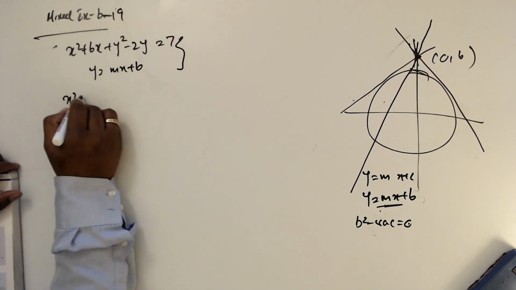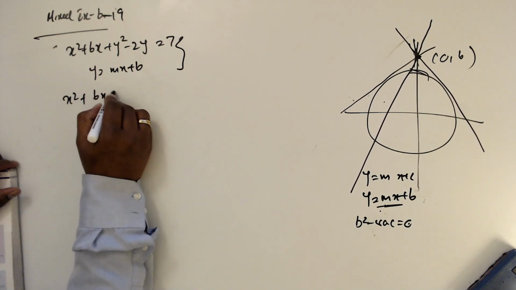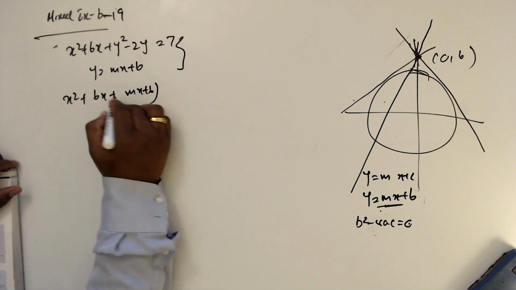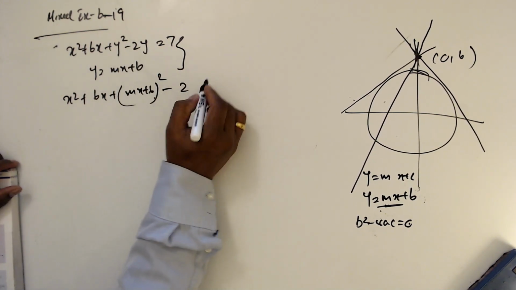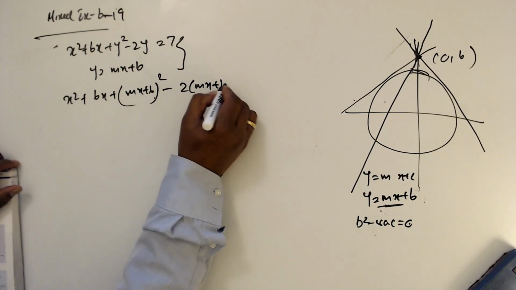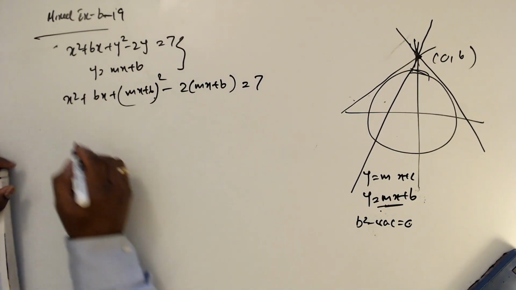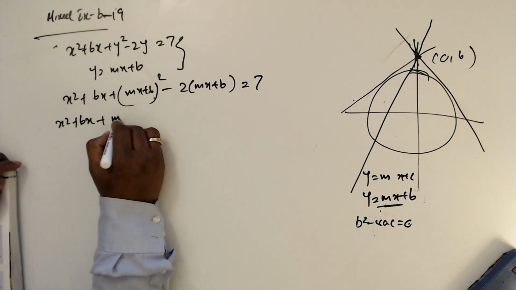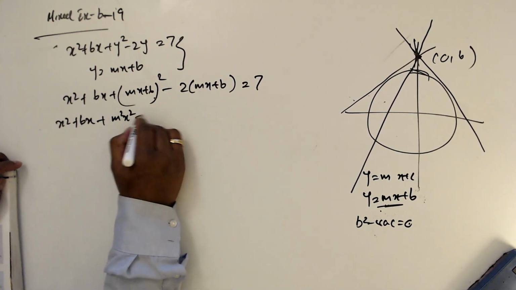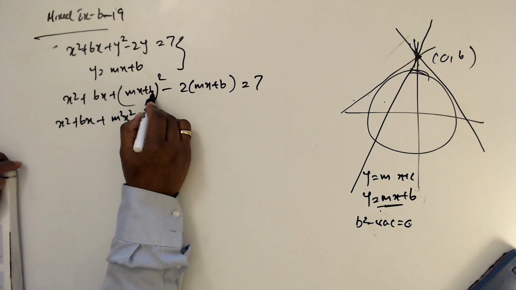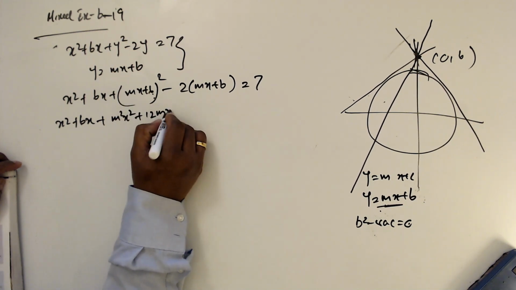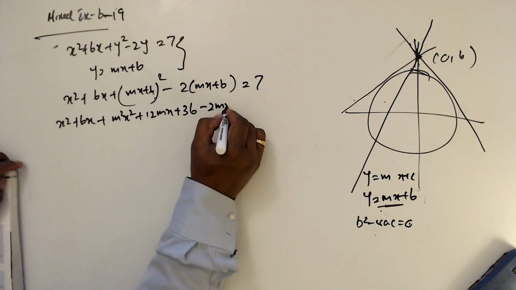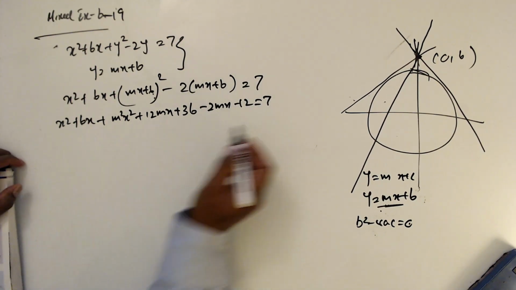So x square plus 6x plus y square, y meaning mx plus 6, square, minus 2 times mx plus 6 equals 7. So x square plus 6x plus this is m square x square plus 2 times 6, 12 mx plus 36. This is 2mx minus 12 equals 7.